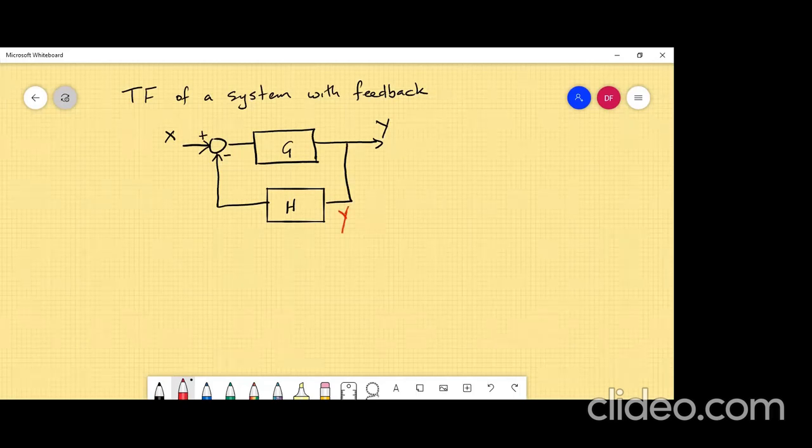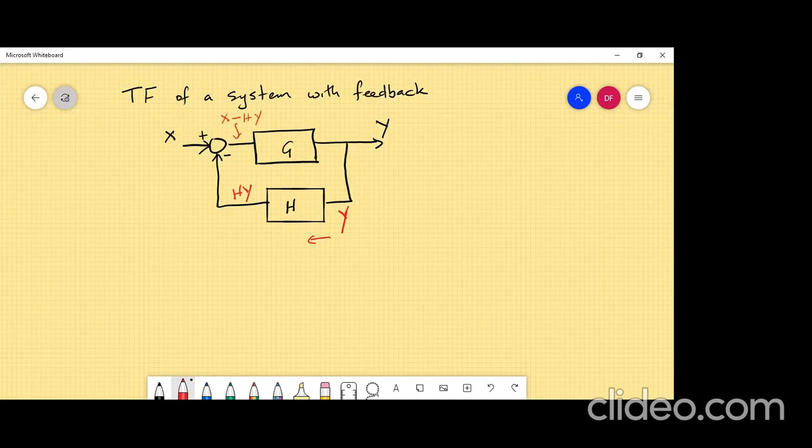Y is going to be fed back here, and the output of the system over here is H times Y. We are saying that we have negative feedback. So you have X and you have Y being fed back. You're adding the X and subtracting HY, so here you would have X minus HY.